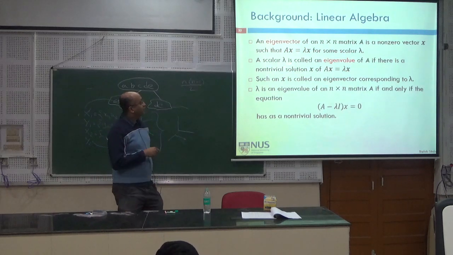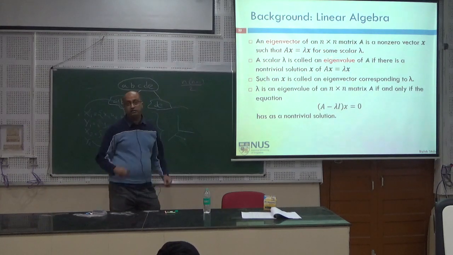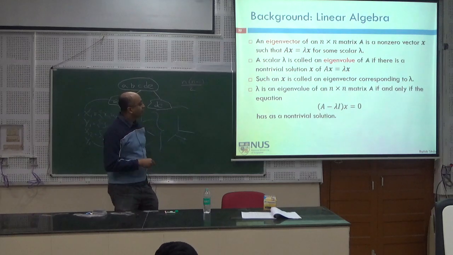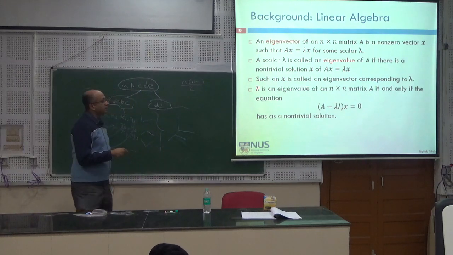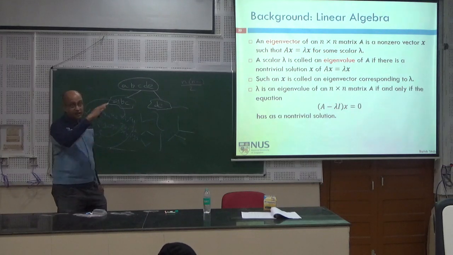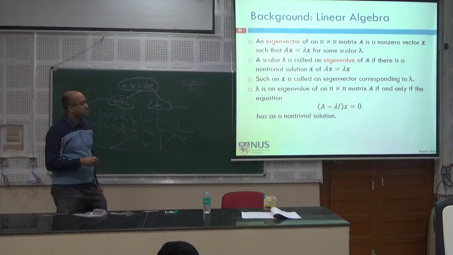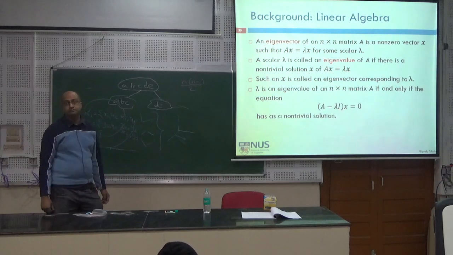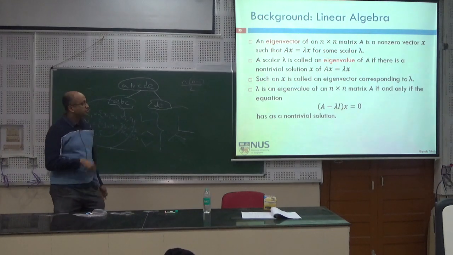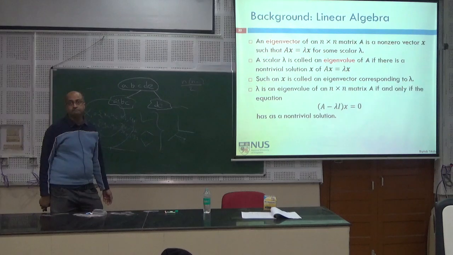And this lambda value is what is called an eigenvalue, the scalar by which we multiply the vector. The way in which we find the eigenvalues is we take the matrix A, subtract lambda times the identity matrix, the diagonal matrix, multiply by x, and solve for lambda. When A and x are given, you solve for lambda, you can get your eigenvalue.